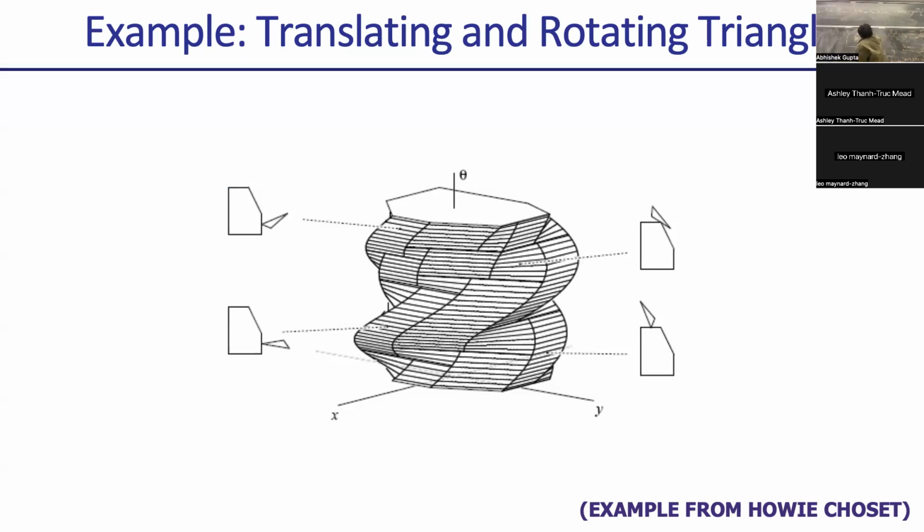Imagine that your triangle now, instead of facing this way, was facing this way. Your configuration space now looks different. So you can see that this configuration space obstacle is essentially a stack of a bunch of configuration spaces for different orientations. A really simple obstacle in world space looks like this nasty kind of obstacle in configuration space. Does that kind of make sense? Intuiting?